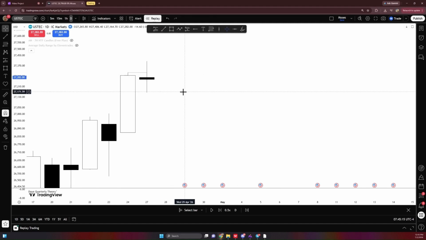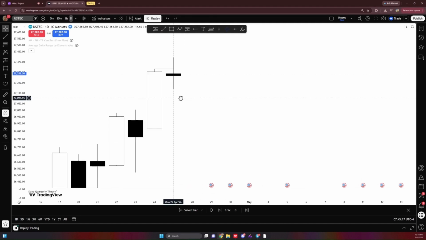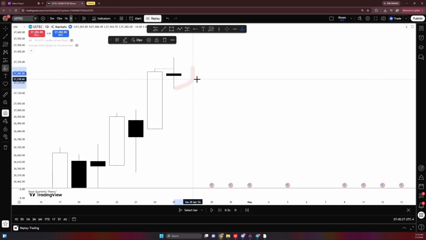And this is a reversal candle profile. So what do we anticipate? We anticipate that the next day opens up, straight into the gap, into the wick of this previous candle, and then we see price trade lower.